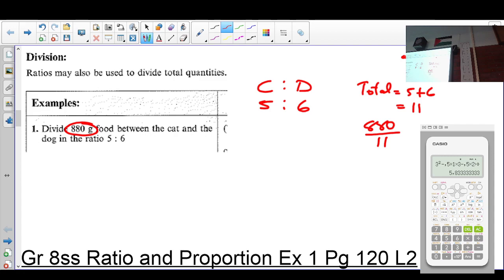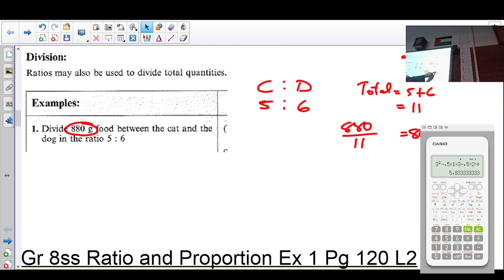So what's 880 divided by 11? 80. So it's 80 grams per unit. You see that, people? We have 80 grams per unit.